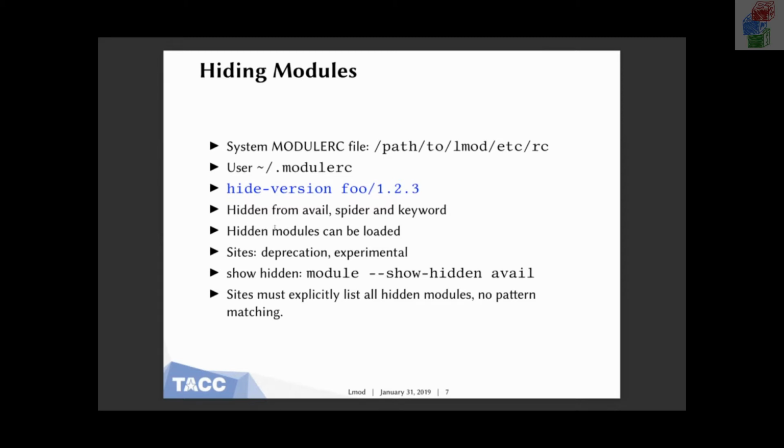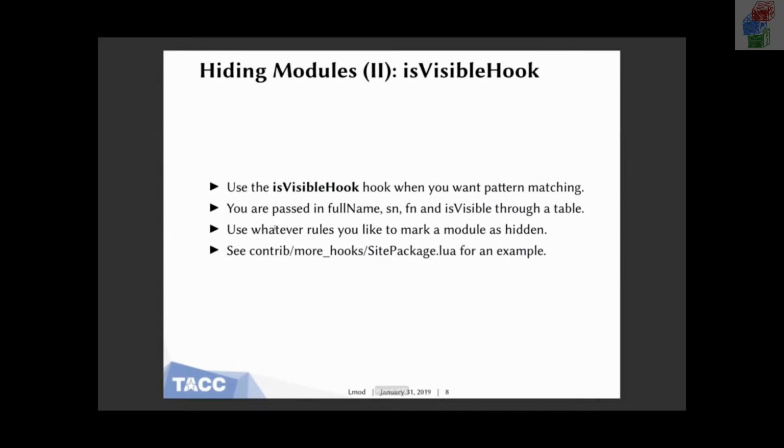So Lmod provides a hook that allows you to use pattern matching. There's an isVisibleHook that you can use when you want to do pattern matching. You are passed in the full name, the short name.